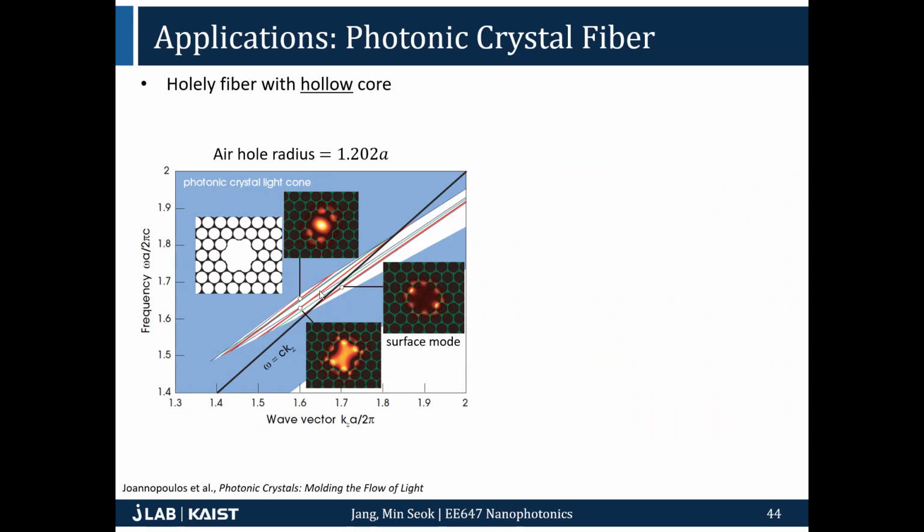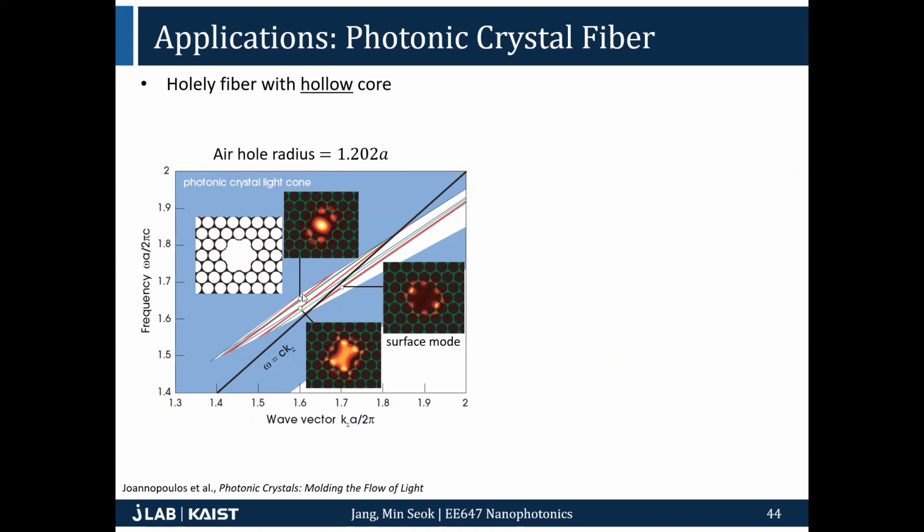And one interesting thing is that you have a guided mode with a wave vector smaller than the free space light, but also a wave vector larger than the free space light. And you can see their electromagnetic energy profile is very different.